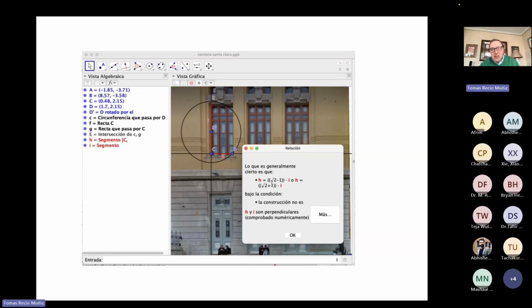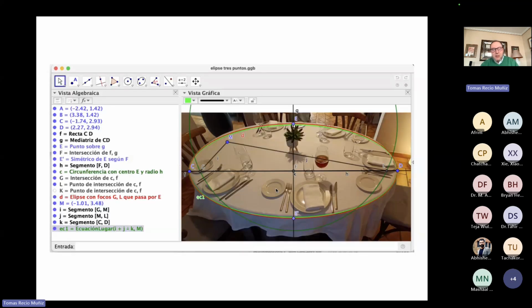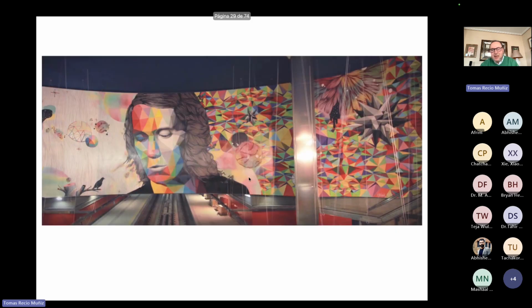And the machine answers it is the square root of 2 plus 1. This is the ratio. So it's really impressive. Or maybe here, with this photo of a table, we can find that this is an ellipse of a certain characteristic.